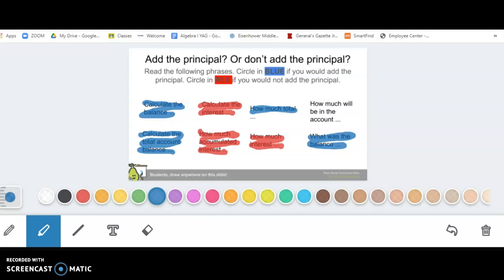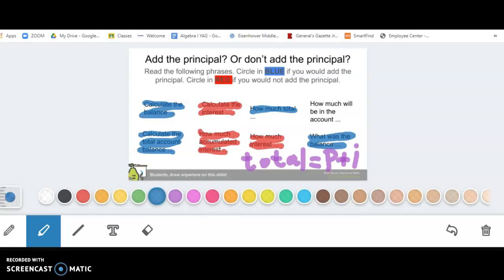All of those, you're going to have to do your extra step. You're going to have to say total is equal to your principal plus the interest that we just worked out, right? You have to do that extra step and add them together.